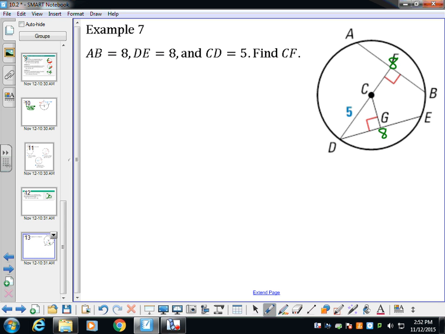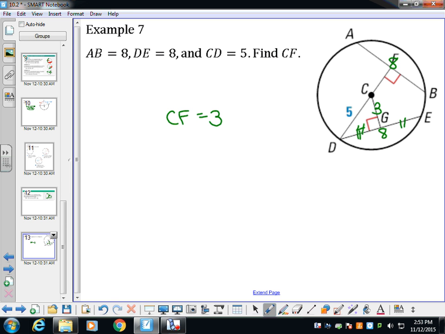Because DE equals 8, DG must equal 4, because CG is bisecting DE. Then I can use DG to find CG by doing the Pythagorean theorem. So that means CG must be 3. And if CG is 3, that means CF also must be 3.